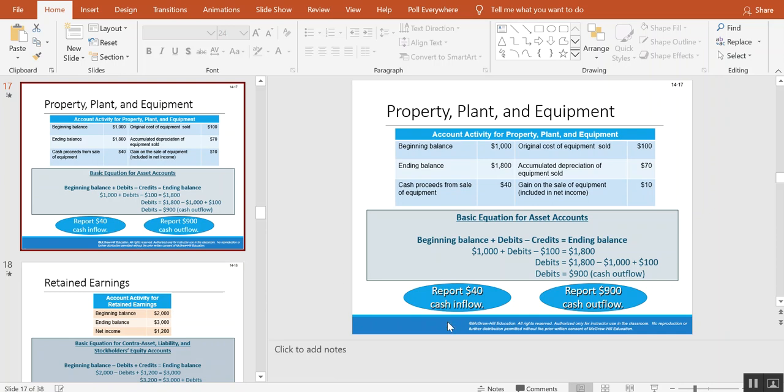So when we look at this and we do the calculation, after we go through all of the steps here, we're going to show a $900 cash outflow because this balance has increased. So the net difference is going to be a $900 cash outflow. We have a $40 cash inflow because we had some cash from the proceeds, but we have a $900 cash outflow because this balance increased.